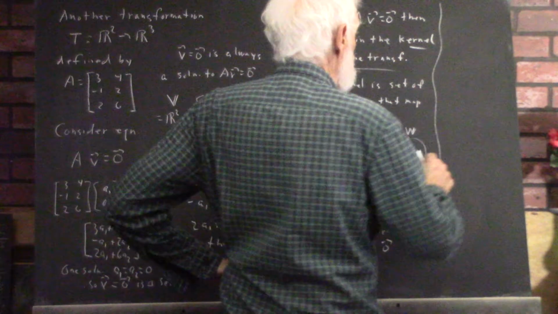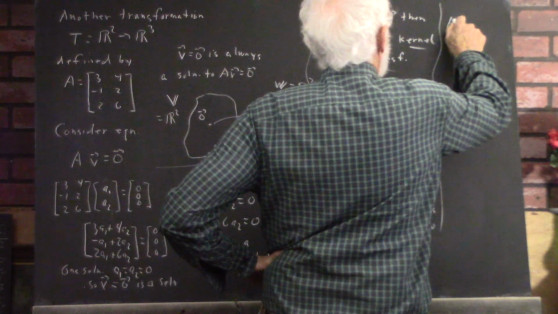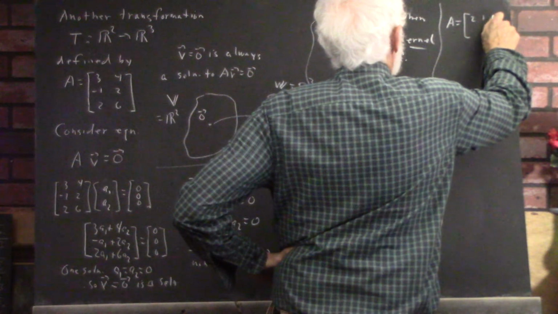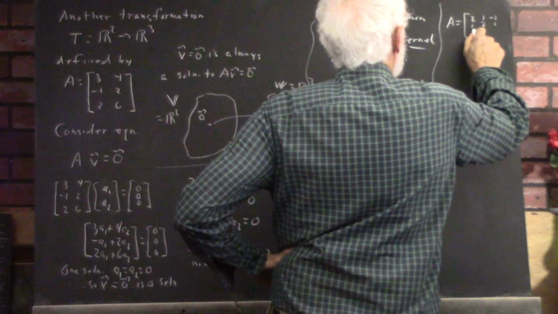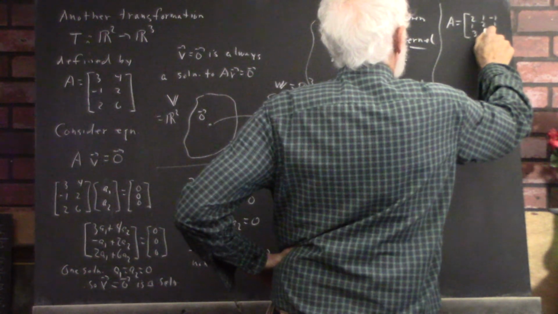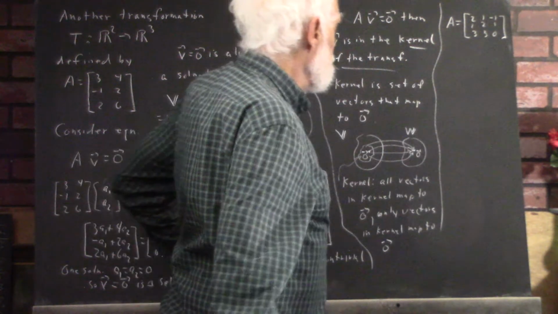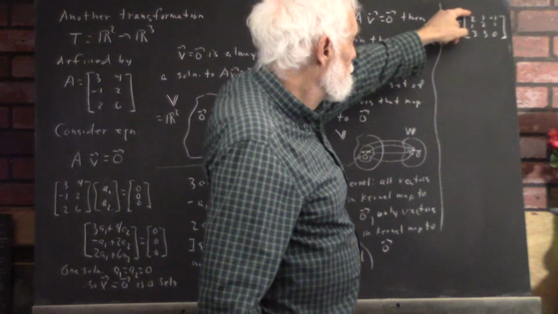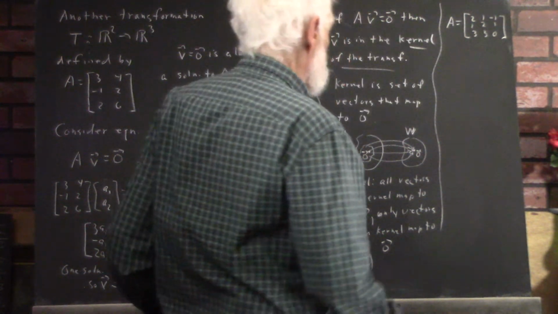Okay, so here's another example. Now notice that my third row is the sum of the first two.